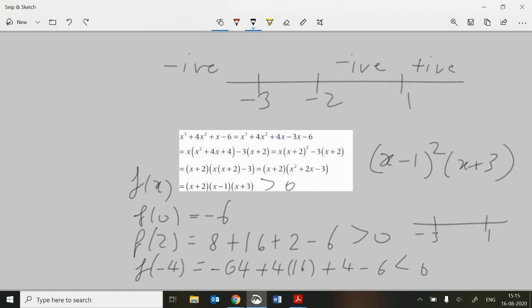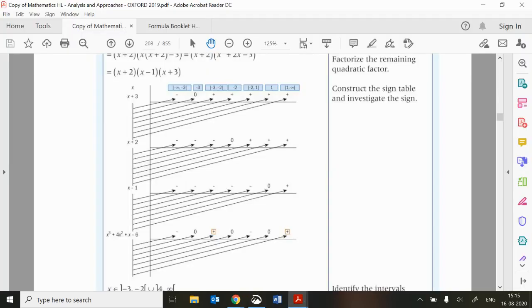So it's either going to go like this, or it's going to go like this. Now, because the repeated root is here, it has to go like this. So if you had something like this, you just need to be careful about how you sketch your graph in this situation.